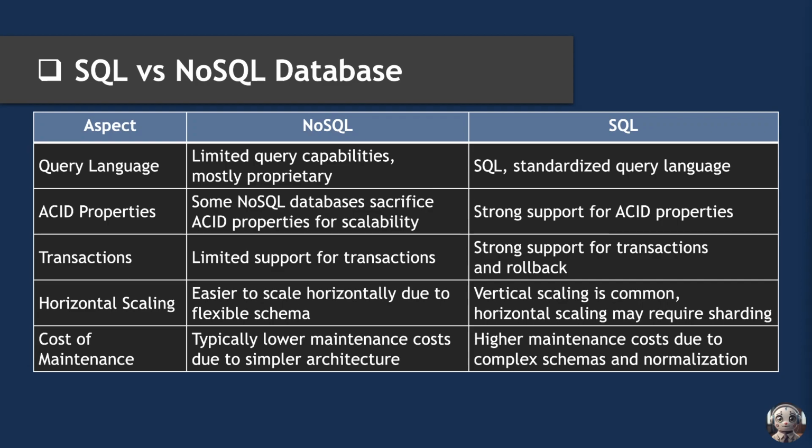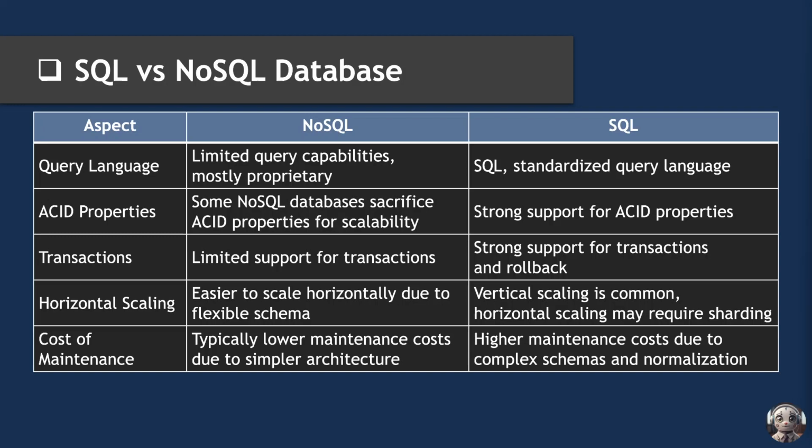Next aspect is query language. NoSQL databases often have limited query capabilities compared to SQL databases. Many NoSQL databases offer proprietary query languages optimized for specific data models and use cases. While these languages may be sufficient for basic operations, they may lack the expressiveness and flexibility of SQL.